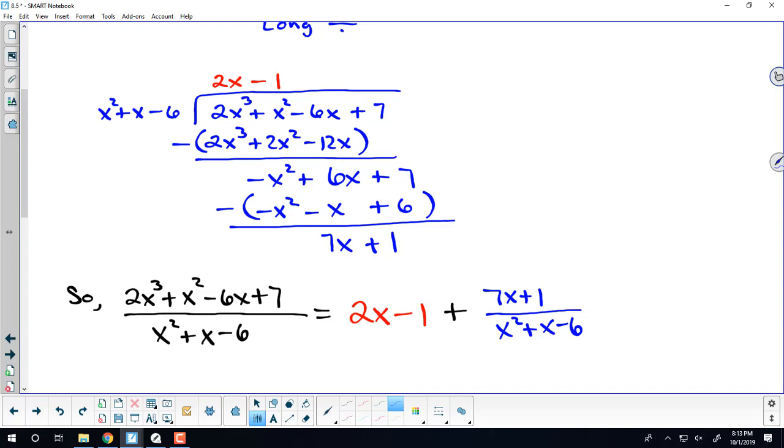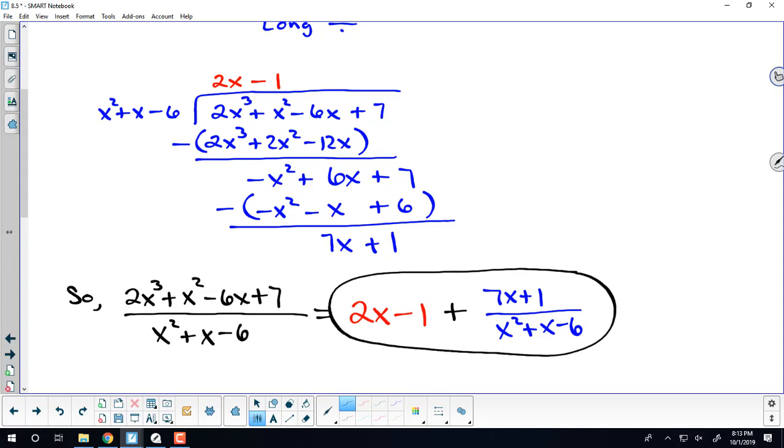And that's the thing we actually want to work with, since it's now a proper expression.